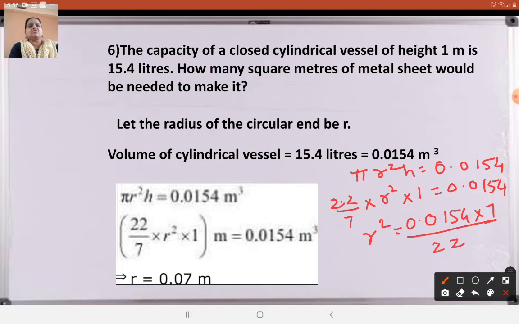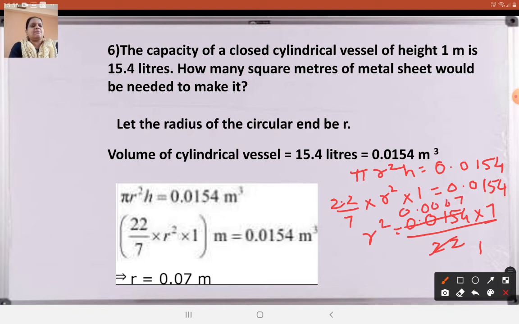Please, only for this chapter, I request you to learn the 22 table by heart. It will be very useful to you. Because 22 sevens are 154. If you divide, you get 0.0007.